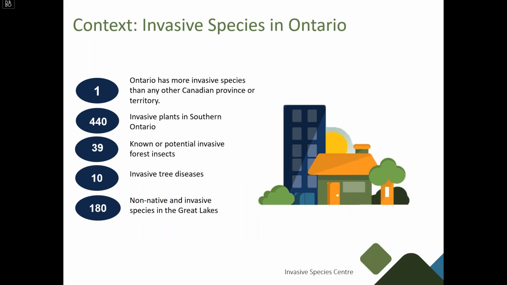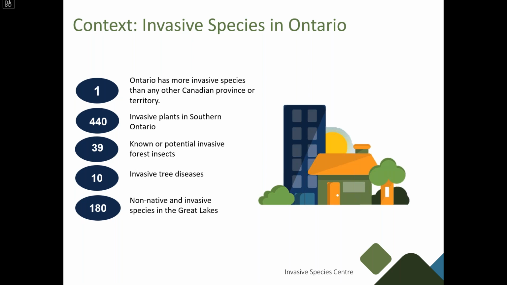To bring this idea of invasive species into a more Ontario-specific context, which is where we work with the EDRR network, these are some of the numbers that we're dealing with. Unfortunately, Ontario does have the most invasive species compared to any other Canadian province or territory. We have a large population located in a small part of the province and lots of ports of entry, so there's a lot of different vectors which could be spreading invasive species.